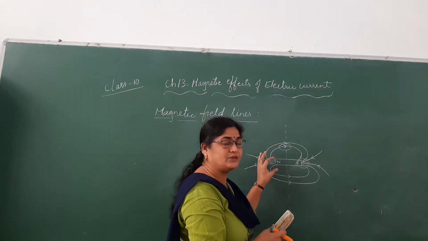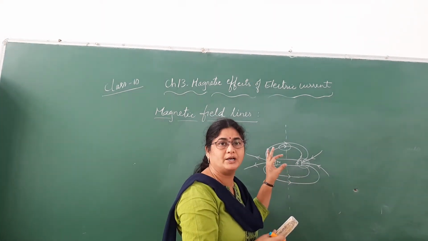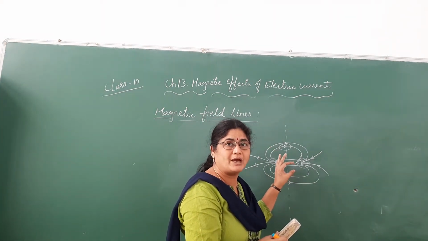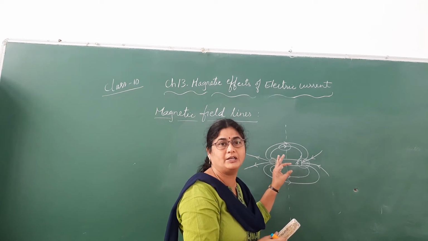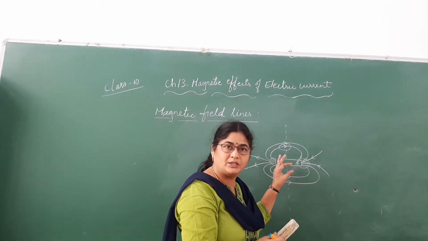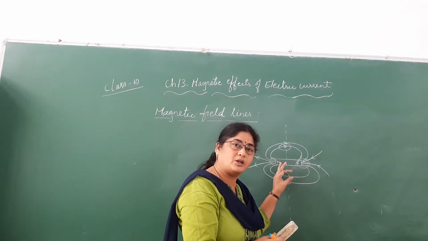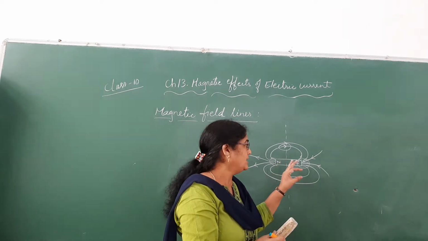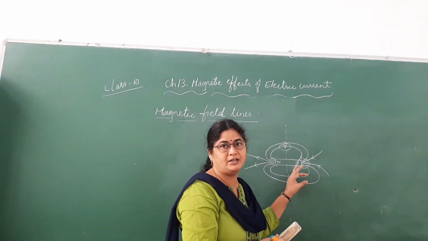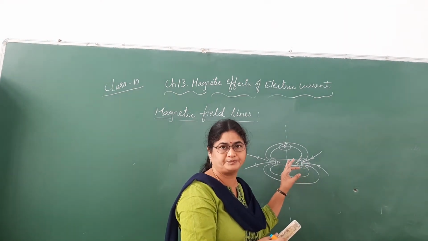So these field lines are useful to understand the strength of the magnetic field in any particular area. Not only the strength, that means the magnitude of the magnetic field, but also we can identify the direction of the magnetic field at any particular point.